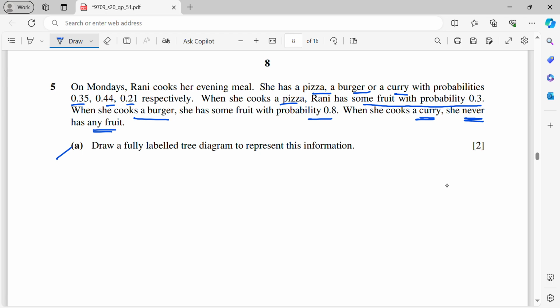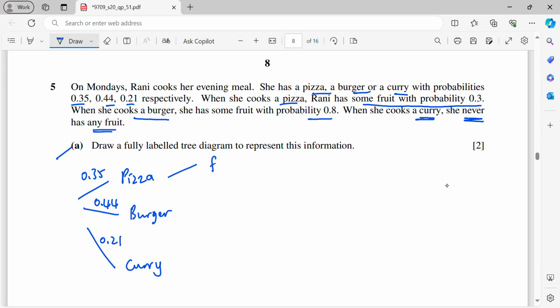Okay, so now, this is pizza, then burger, lastly, curry. So, pizza probability is 0.35, then burger 0.44, curry is 0.21. And now, fruits. Here fruits, this one no fruits.